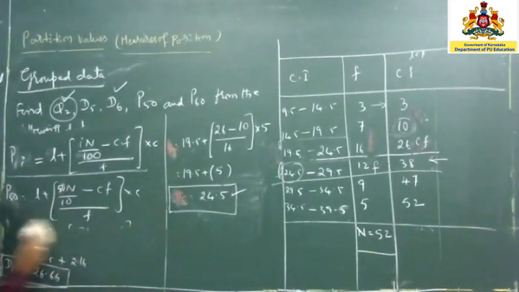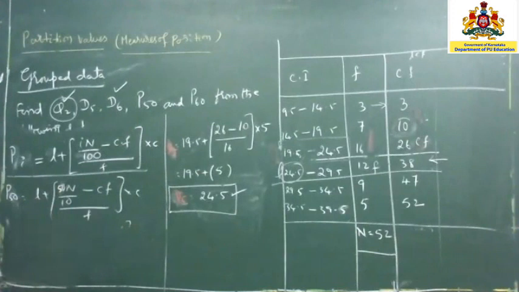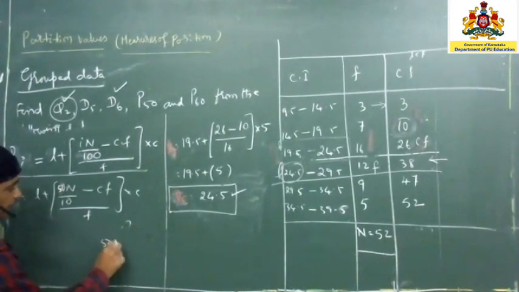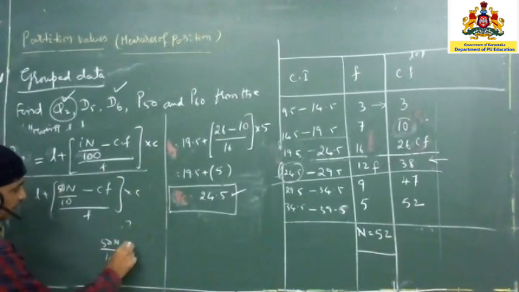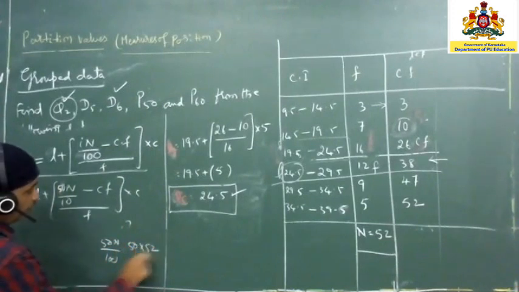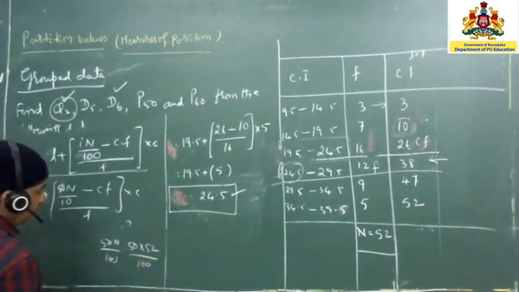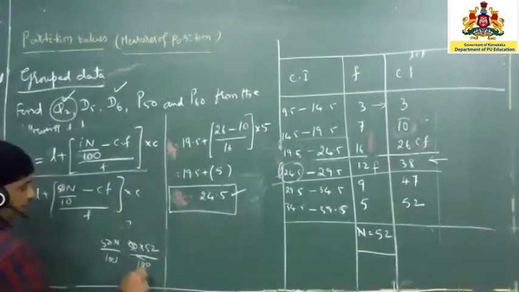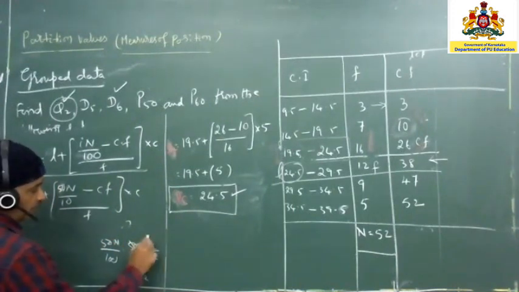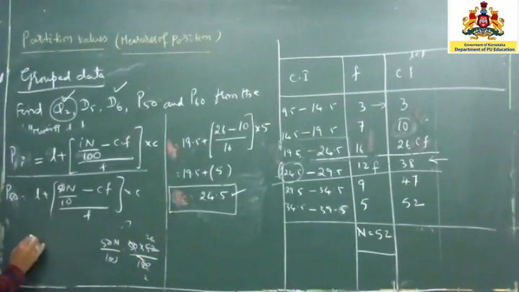Now we'll calculate it. 50 into N divided by 100, that is 50 into 52 divided by 100. How much are you going to get? 26 you will get. So 50N by 100 is equal to the 26th value.